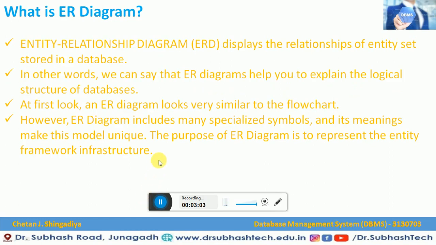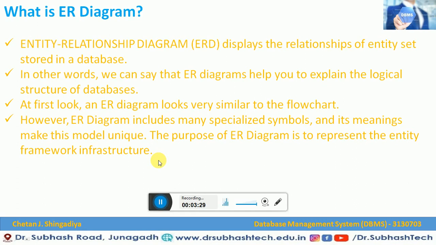Now let me explain what is ER diagram, that is entity relationship diagram. The entity relationship diagram, ERD, displays the relationship of entity sets stored in a database. In other words, we can say that ER diagrams help you to explain the logical structure of the databases.